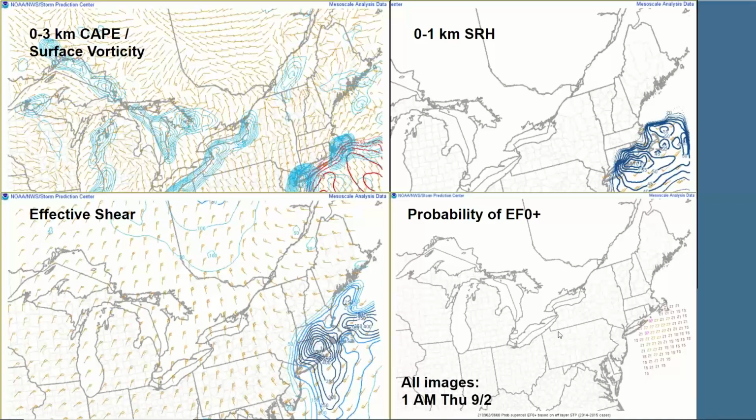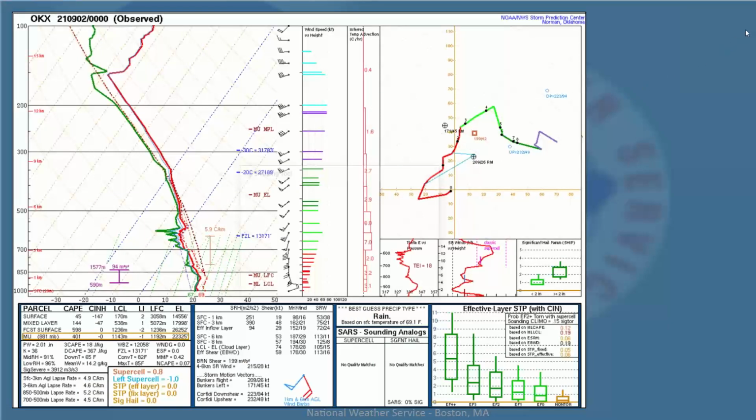And putting it all together, instability, spin, and shear, unsurprisingly, the probability of EF0 plus tornadoes is pretty high, 15 to 25%. And here's an observed sounding from New York City. So OKX is New York City.